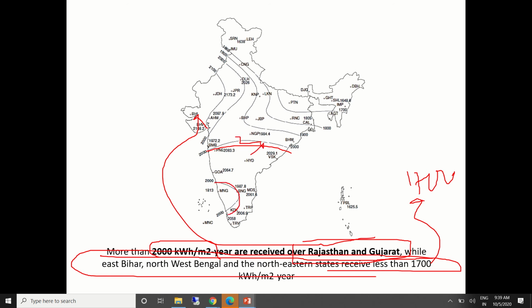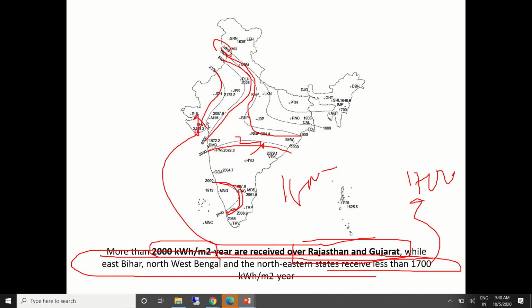This is the 1800 to 2000 line again. So almost between 1800 and 2000 we can see throughout this country: 1900, 2000, 2100 kilowatt hours per square meter, and so on.